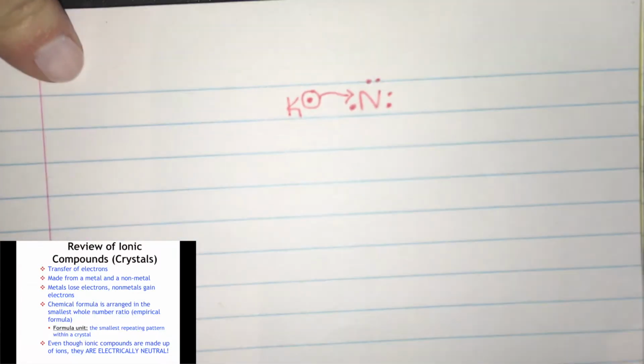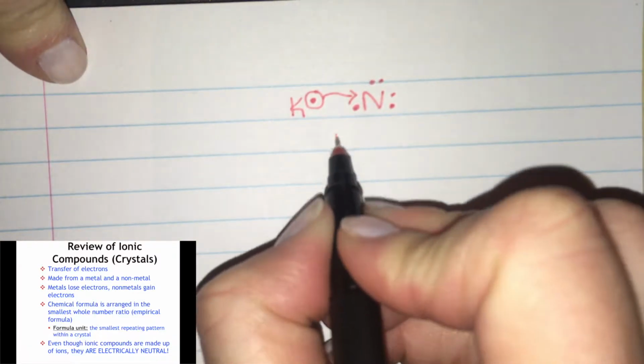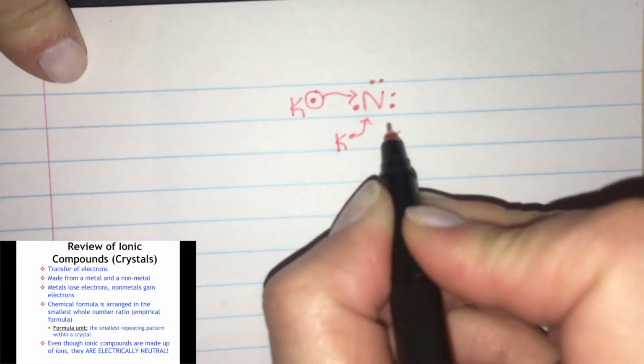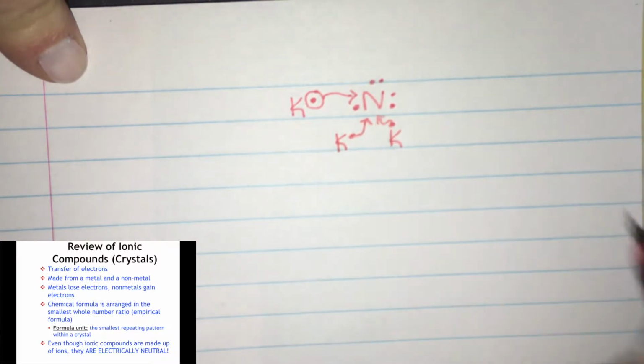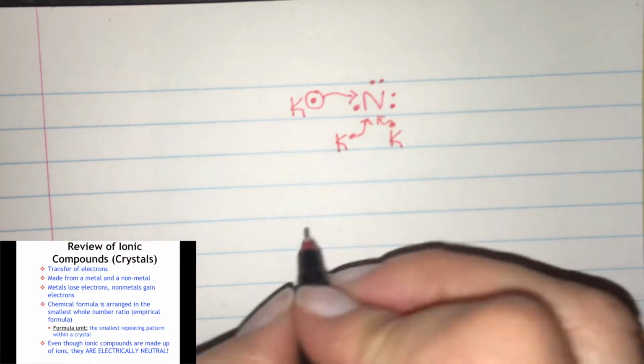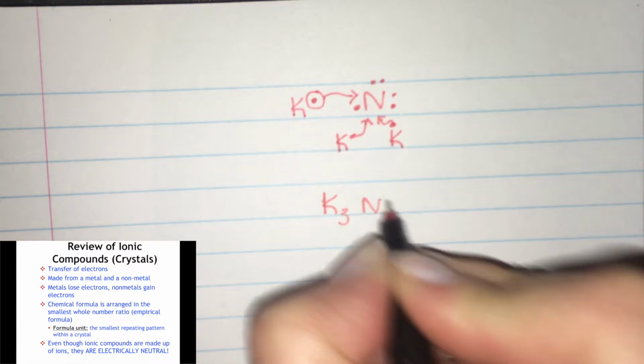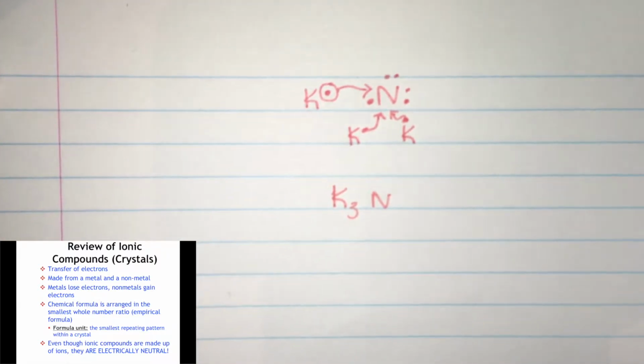So here you would have another potassium, and it would go here, and this electron would go here. So for every 3 potassiums, you would have 1 nitrogen. And that's how ionic bonding would work. It's a transfer of electrons.